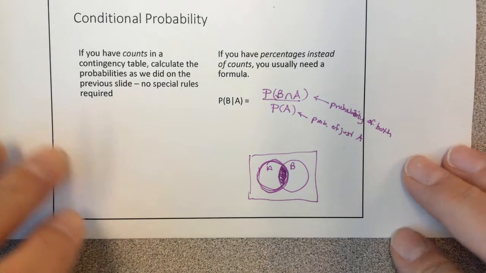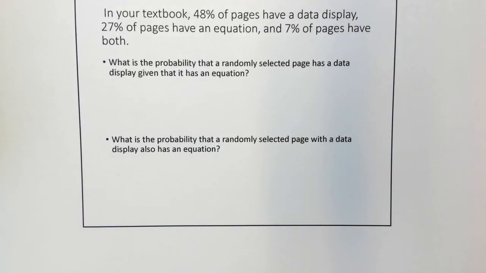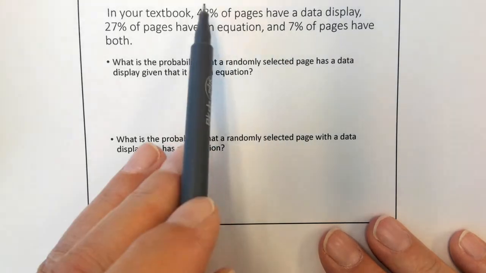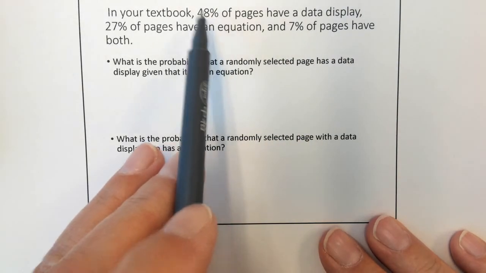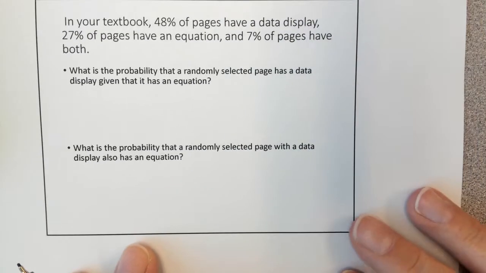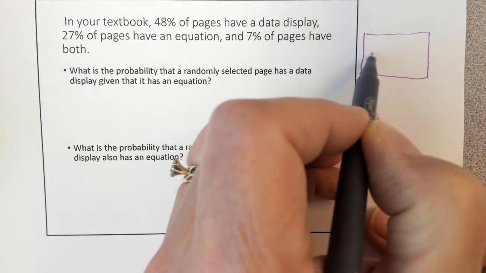Okay, let's see the formula in action. Now we have percentages, things get a little touchier. In your textbook, 48% of the pages have data displays, 27% of the pages have an equation, and 7% have both. Now, keep in mind, the 7% that have both are included in the 48% with a data display. So if we looked at a Venn diagram, which we don't have to draw, but I think it's important to keep in our heads what that picture looks like.